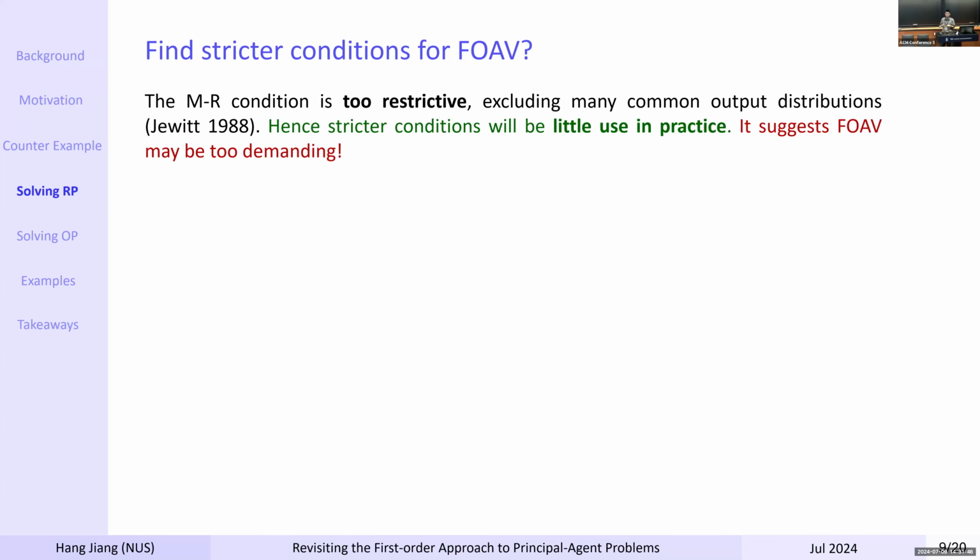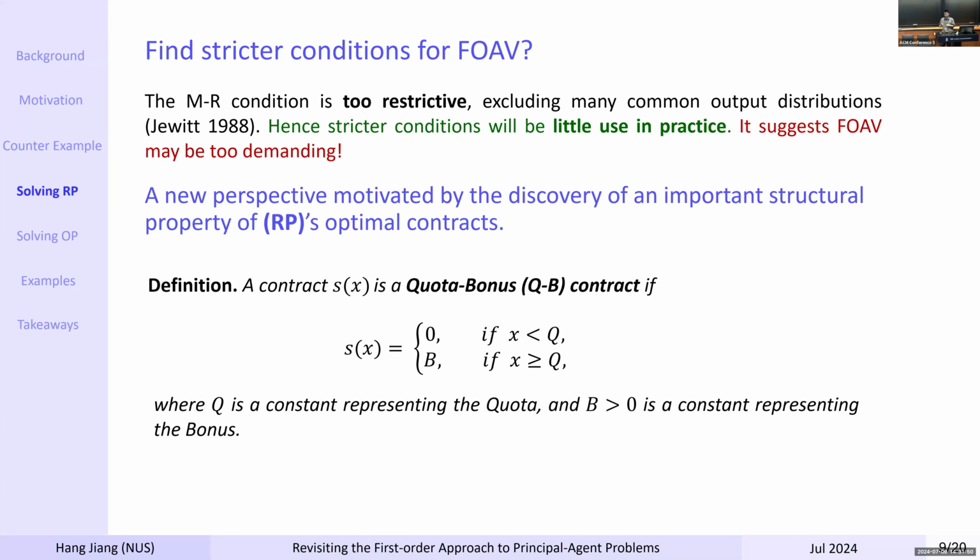So how to solve the original problem? We provide a new perspective, motivated by a discovery of an important structural property of the relaxed problem's optimal contract. And before we describe our perspective, we give a definition here.